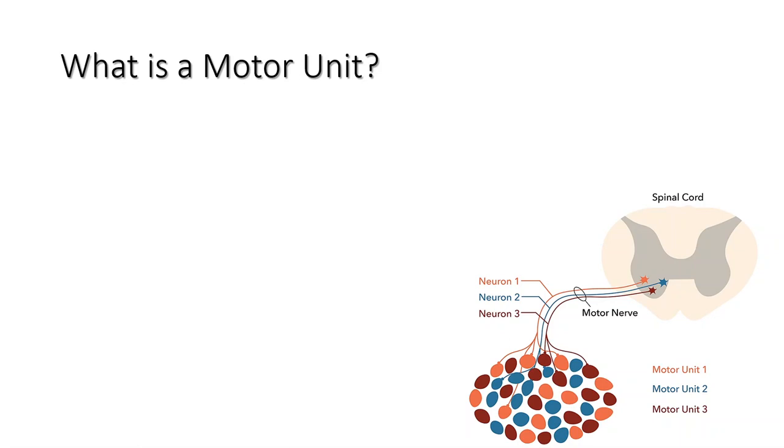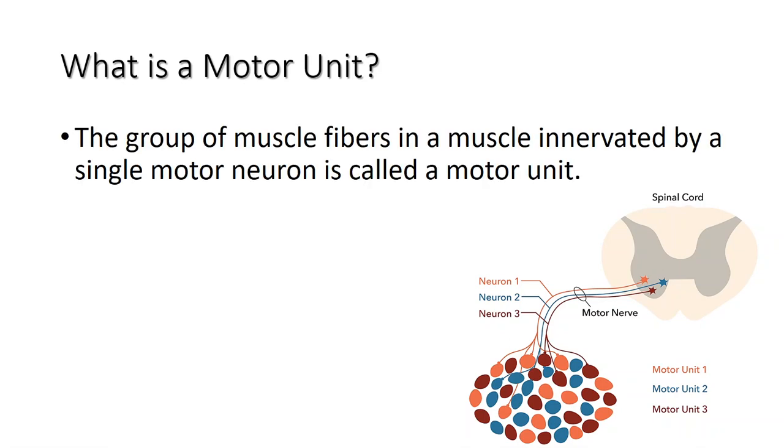In order to contract, every skeletal muscle fiber gets nerve supply from the axon terminal of a motor neuron. The group of muscle fibers in a muscle innervated by a single motor neuron comprise a motor unit.